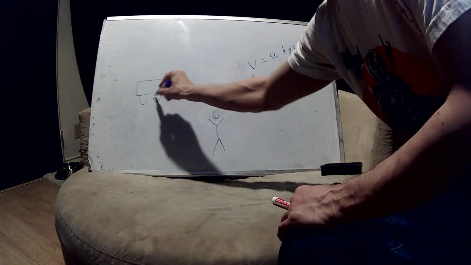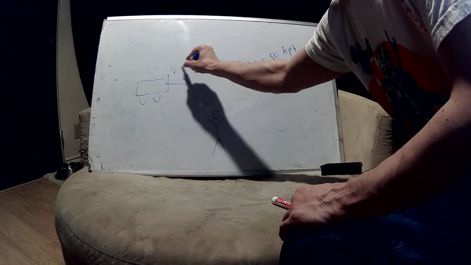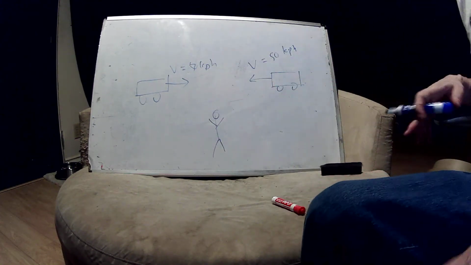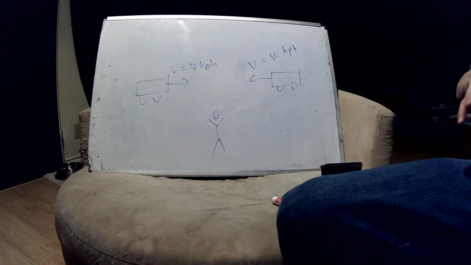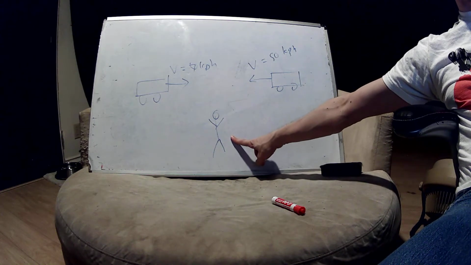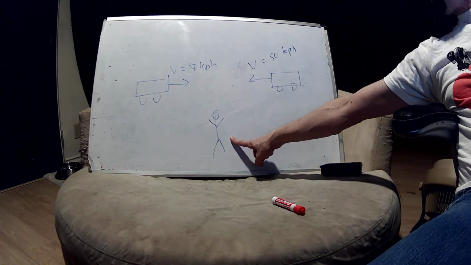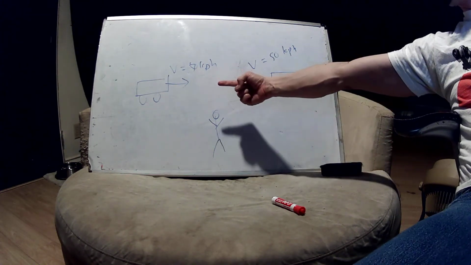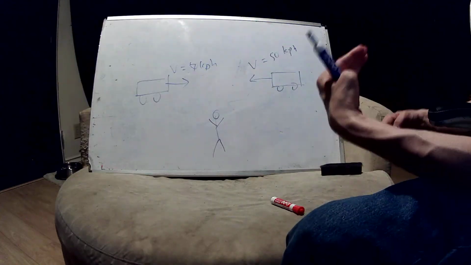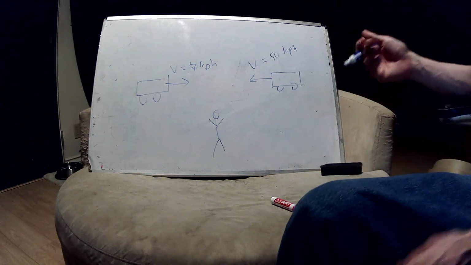And here's another car, also traveling at a velocity of 50 kilometers per hour. Now, if you're just standing here, it's going to look like this car is going past you one way at 50 kilometers per hour, and this car is going past you in the opposite direction at 50 kilometers per hour, right?